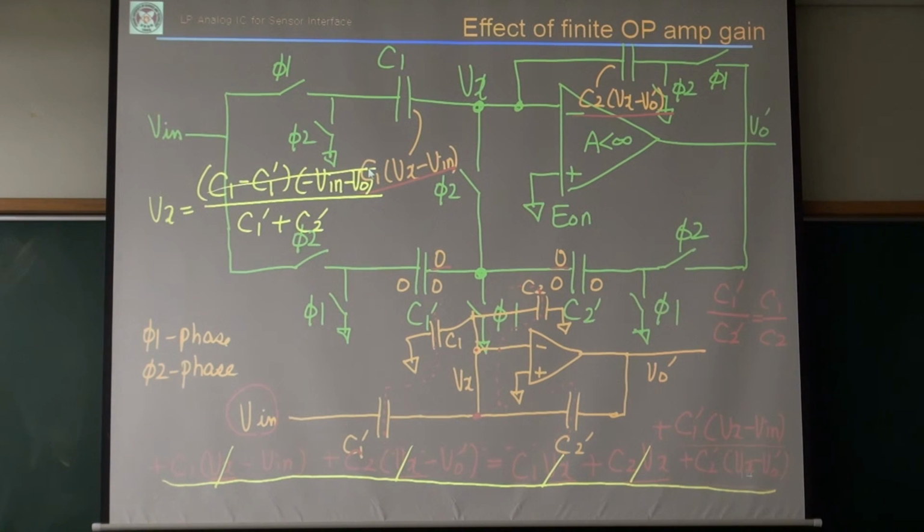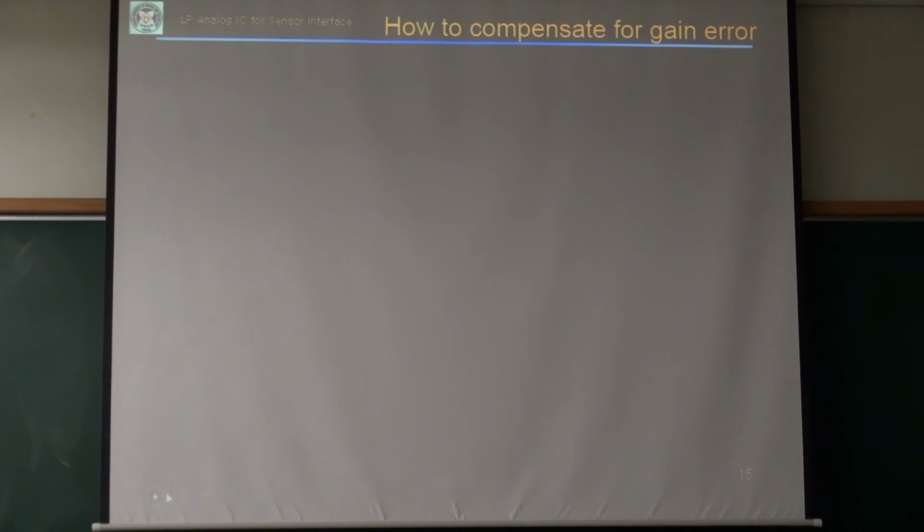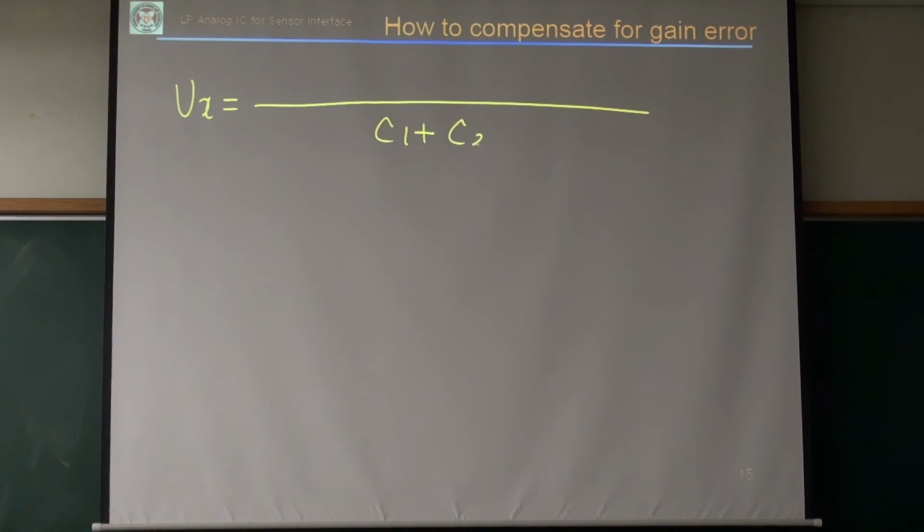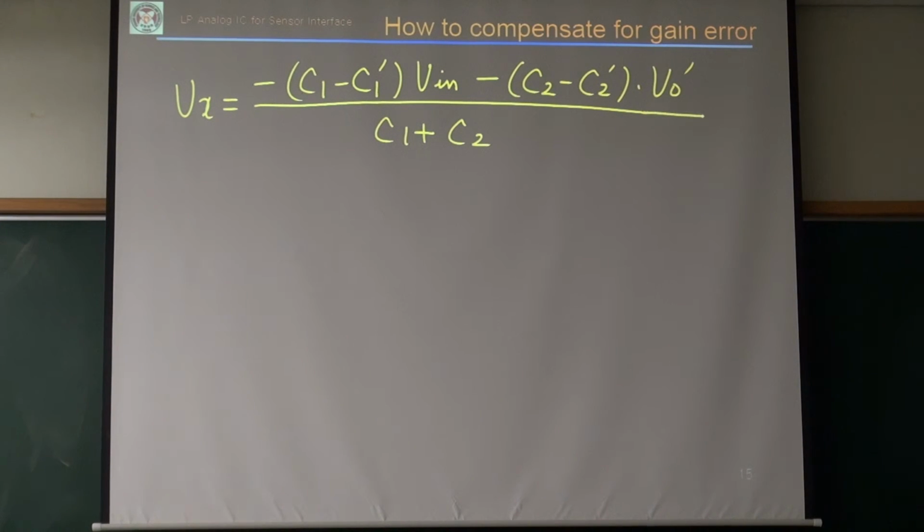This numerator is wrong. Minus V in, then C2 minus Co. Is this minus? Something like that, okay?